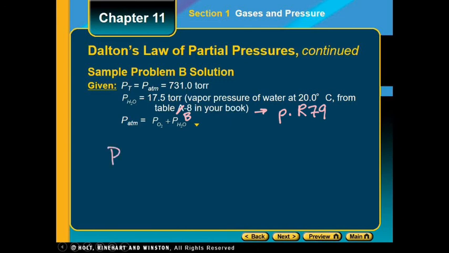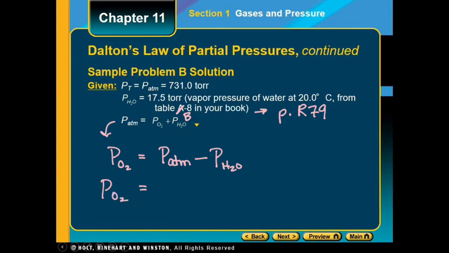If I rearrange this equation, partial pressure of oxygen would be equal to atmospheric pressure minus the pressure exerted by the water. So this is what we're solving for, partial pressure of oxygen.